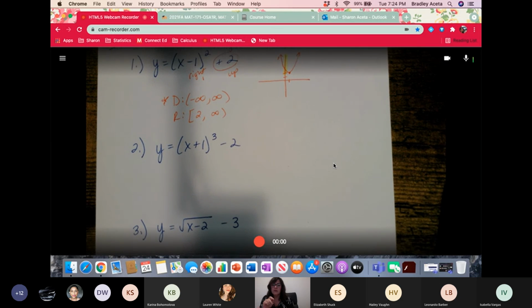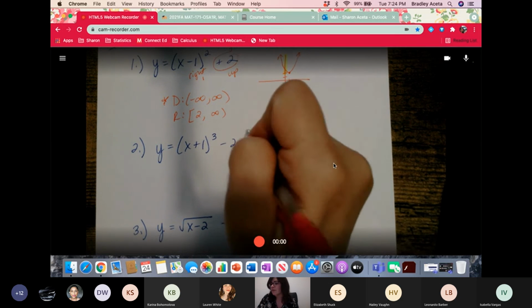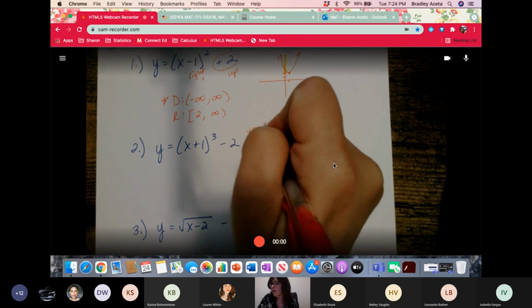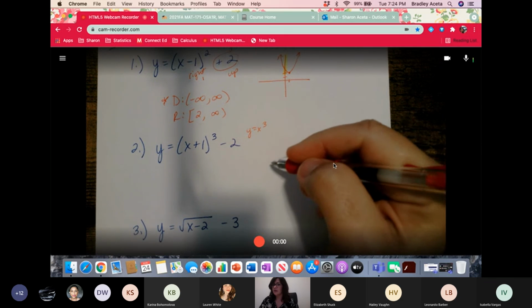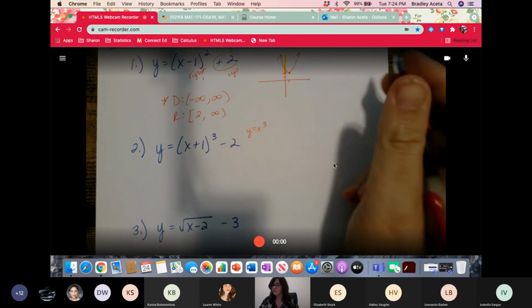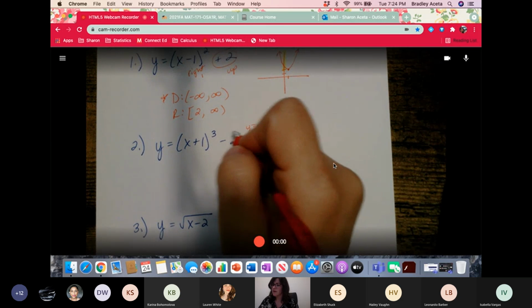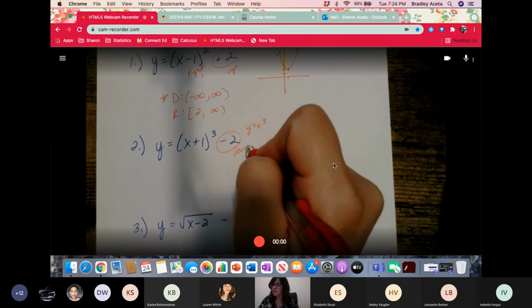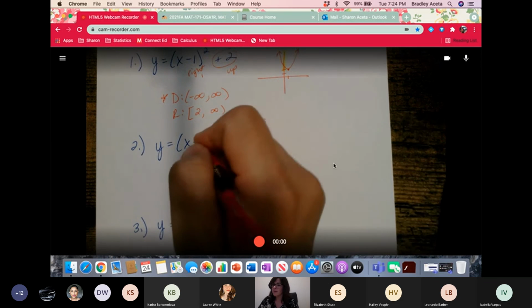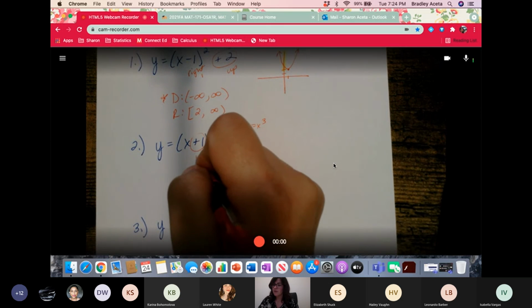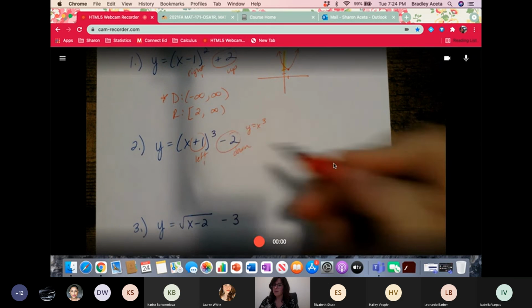Number 2, y equals (x plus 1) cubed minus 2. So this is the cubing function. That's the one that kind of goes down, curves in the middle, and comes up. So this minus 2 means I would go down 2. This plus 1 means I would go left 1.